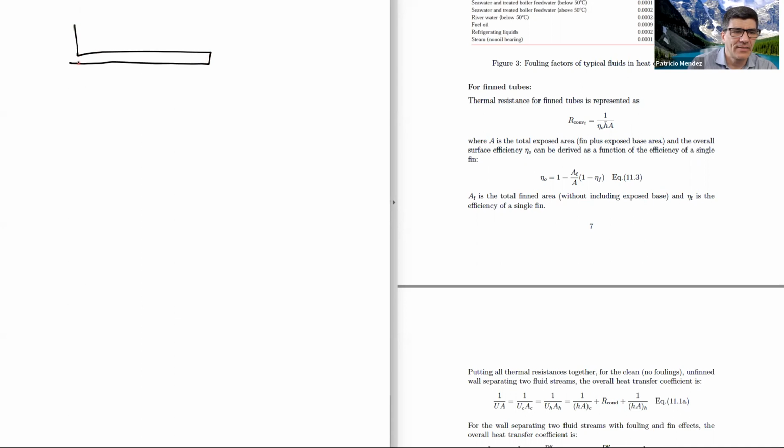So let's say this is the cross-section of a finned area.